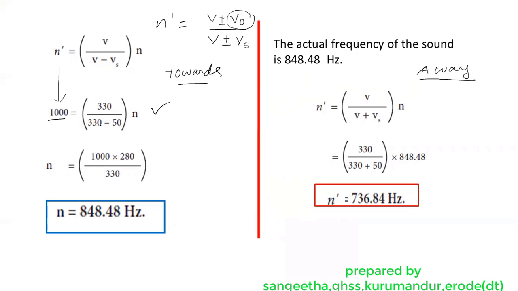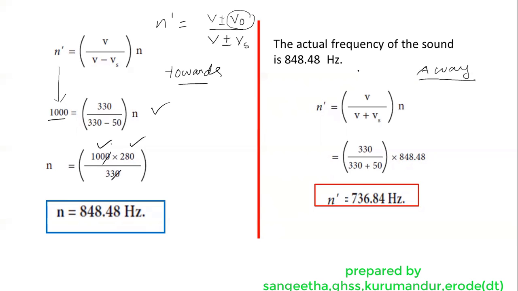What is 330 minus 50? It is 280. Strike out the common values, calculate using a calculator or logarithmic table, and you will get n is equal to 848.48 Hz. The actual frequency of the sound is 848.48 Hz.